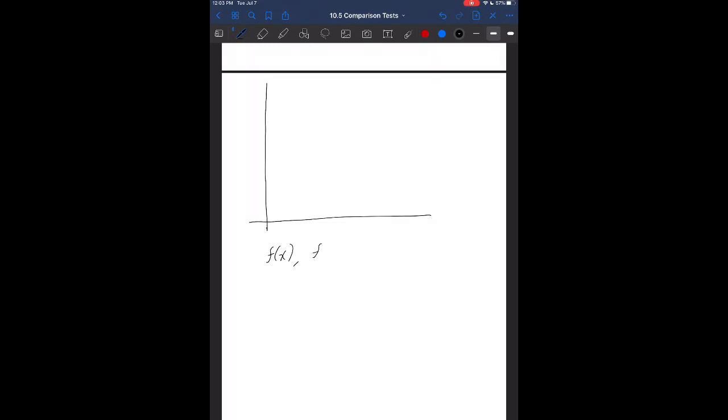So say I have my nice function f of x, where f of k equals a_k, and I have all these properties: f of x is decreasing, continuous, and positive.